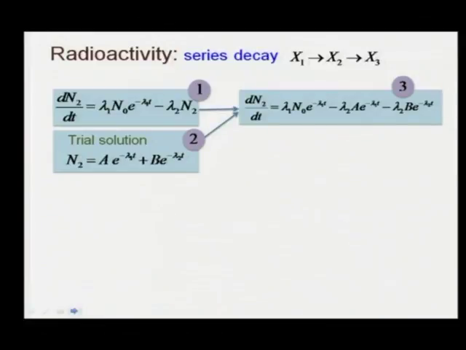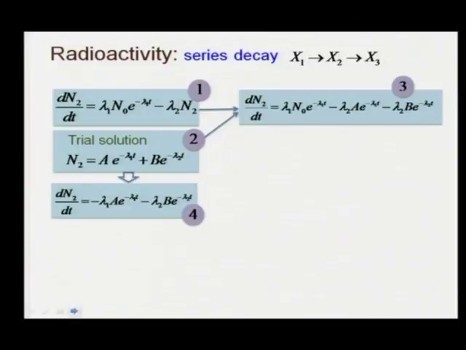Second term is minus lambda 2 n2, but n2 is given by equation 2. Therefore, second part of equation 1 has now two terms, lambda 2 A exponential minus lambda 1 t and lambda 2 B exponential minus lambda 2 t. Call this equation 3.